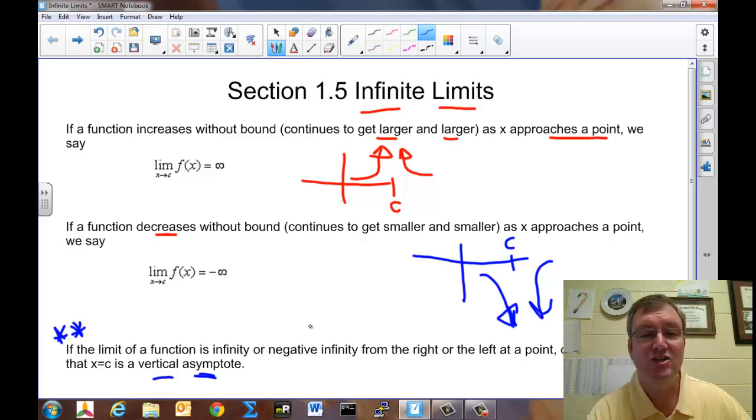So we're going to tie this together with some concepts that we've talked about in previous classes here. So if we say the limit is going to infinity or going to negative infinity from the right or to the left, either one, then that point is a vertical asymptote on the graph of the function. So think about that as we move forward here.